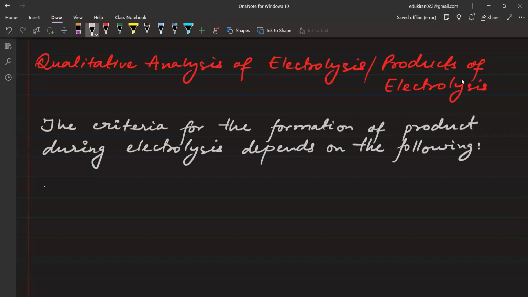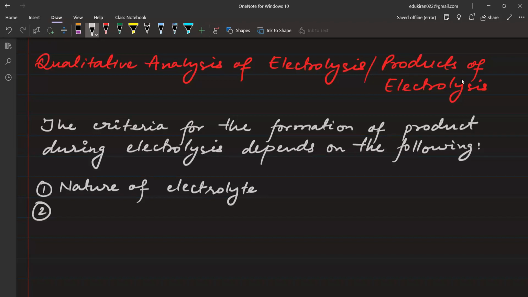Number one, nature of electrolyte. Nature of electrolyte. Second, electrolyte आपके पास है कौन सा, है ना? H plus, if H plus is going to get reduced, then the product will be hydrogen gas. If sodium is going to get reduced, then the product is going to be sodium solid.